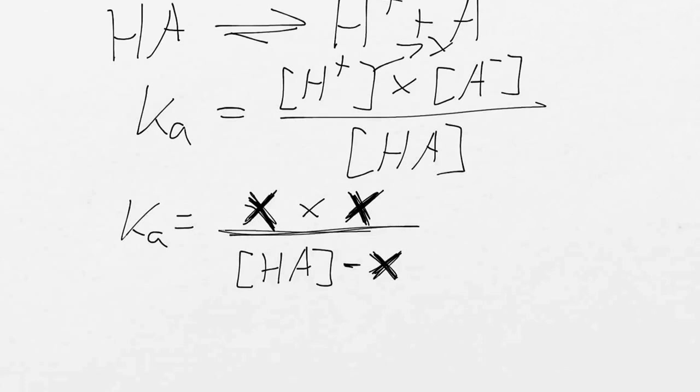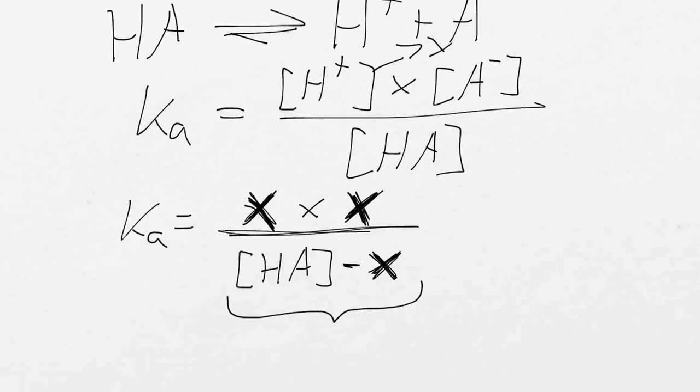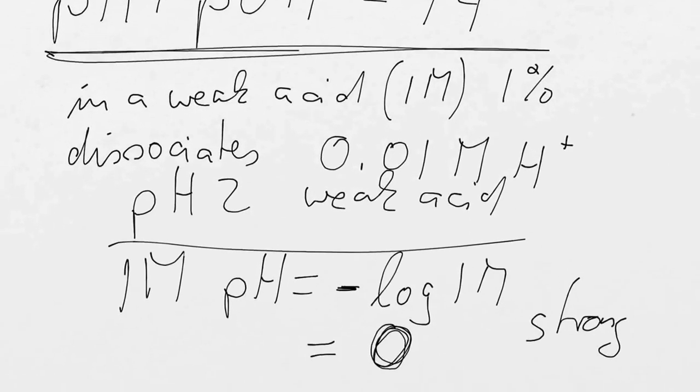Now, again, we do a little bit of a dirty trick here. And we say, actually, remember, our acid is very, very weak. So, for this HA minus X, what we can write is, this is very close, actually, to HA. Remember earlier in the example where 1% dissociated, let me see if I find that again.